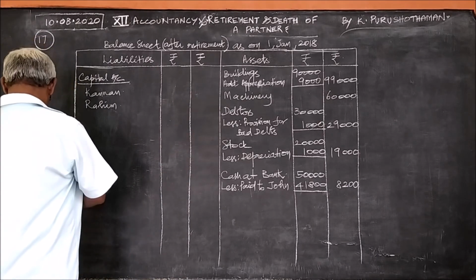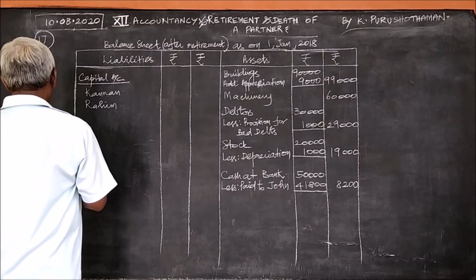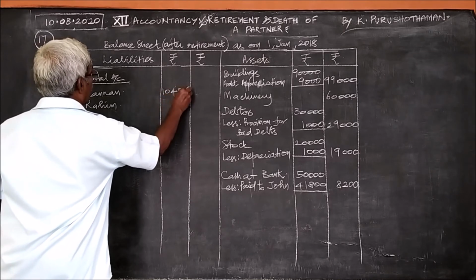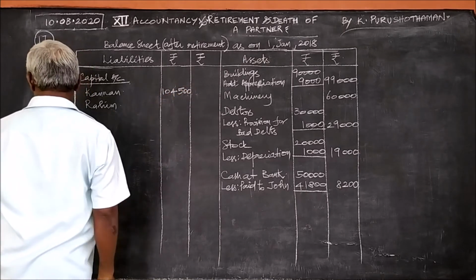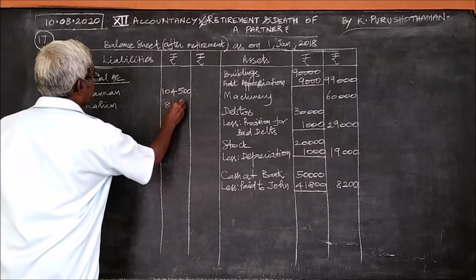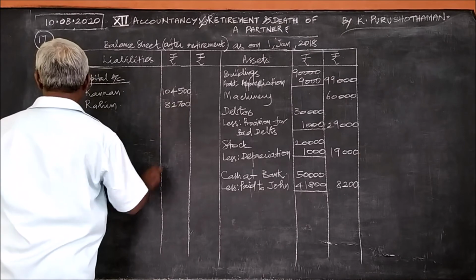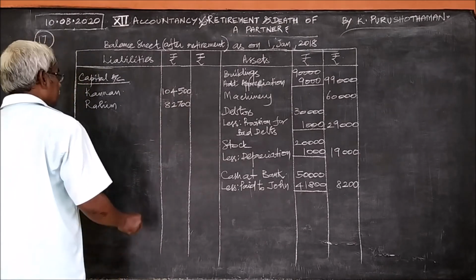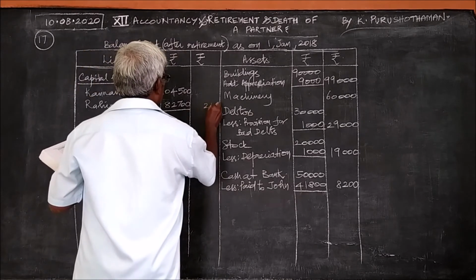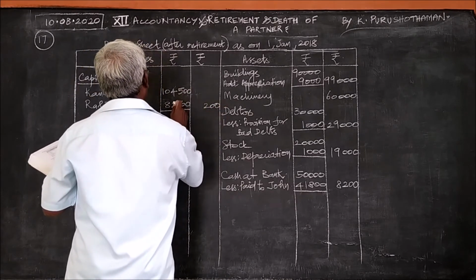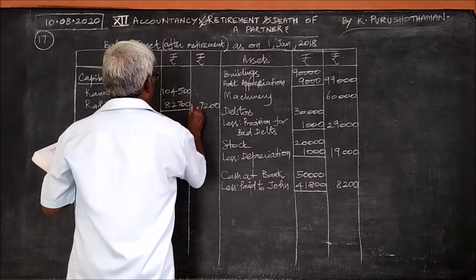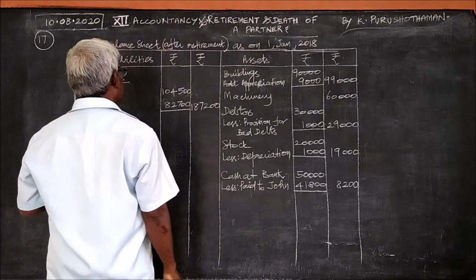So Kannan, Rahim. For Kannan it is 1,04,500. For Rahim it is 82,700. If we add these two, 1,87,200.